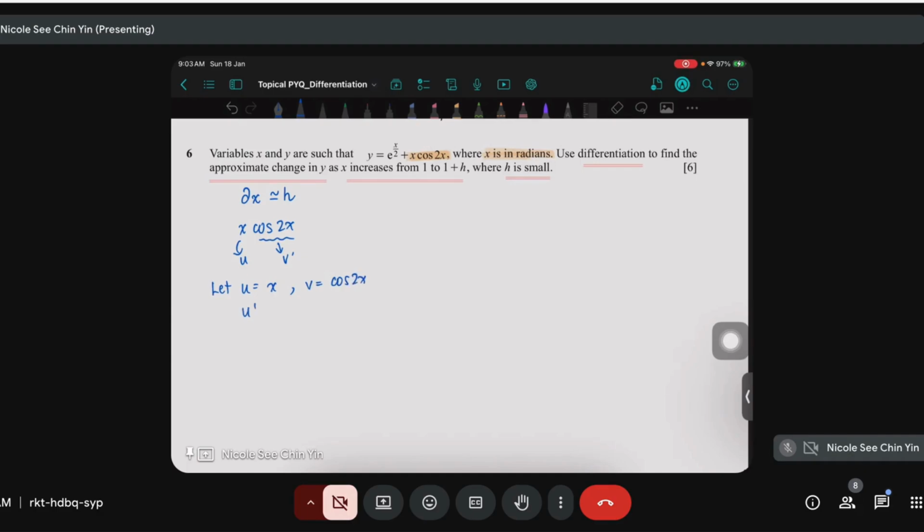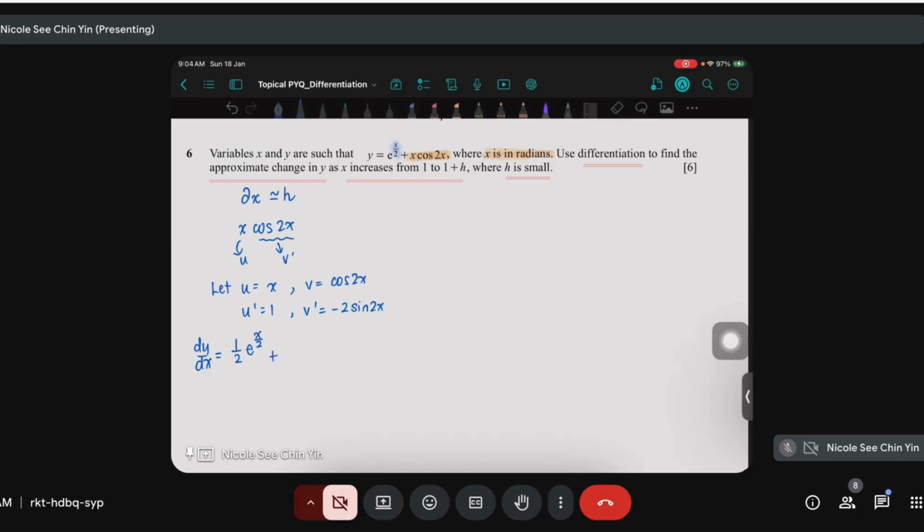So u prime equals to 1, v prime, what I get is negative 2 sine 2x. Now I start the dy dx. From my e to the x over 2, it will become 1 over 2 e to the x over 2. Differentiate your x over 2, so it becomes 1 over 2 and bring down.